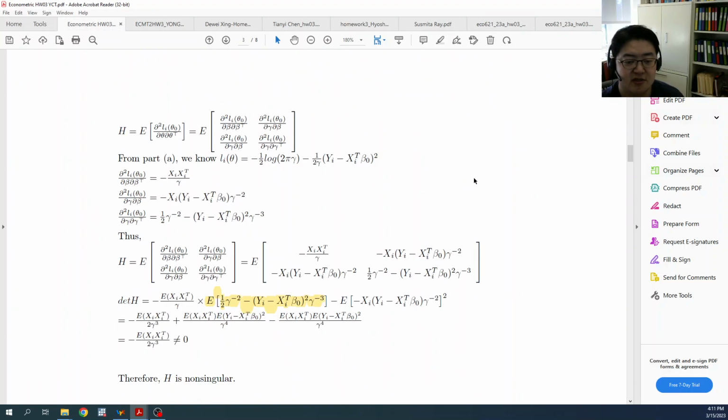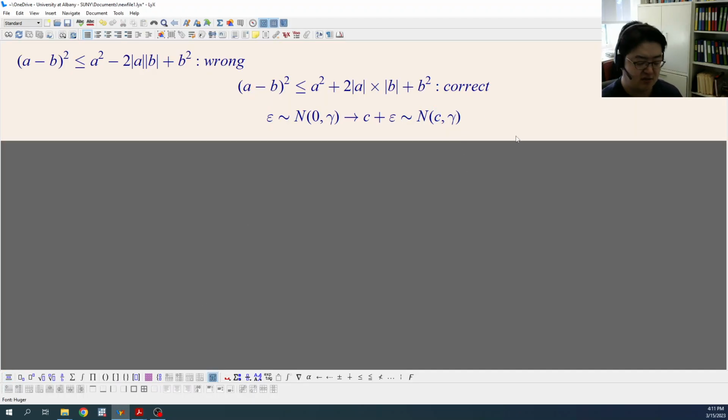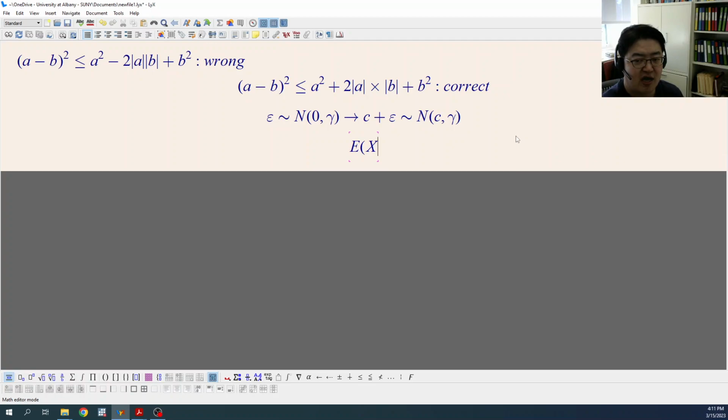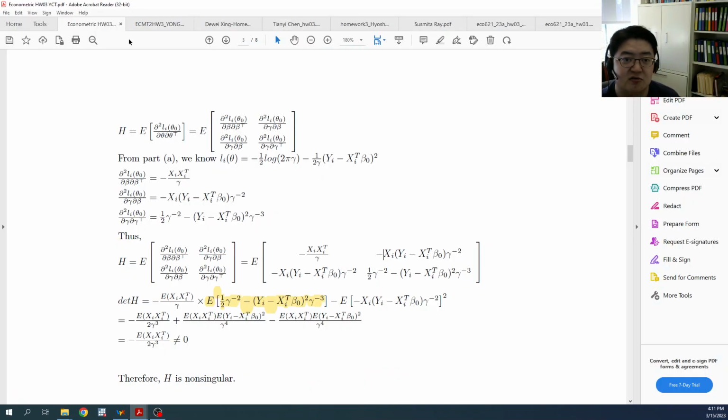Okay, let me see if there's anything I can say. Here, algebra mistake. Expectation should be taken first and then multiply them. So what I'm saying here is expectation of x times x is different from expectation of x times expectation of x. So this algebra mistake is made in this answer.